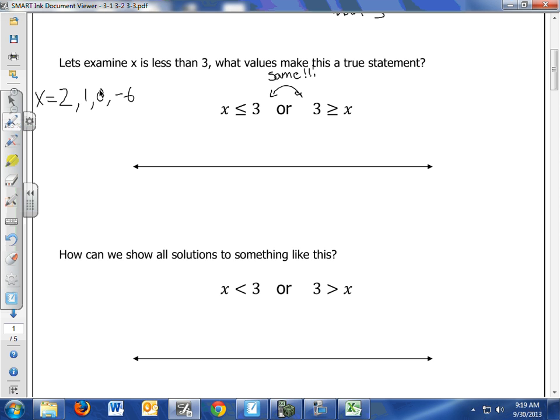Give me another one. -7. Oh, way to go crazy, Miss Page. Give me another one, Miss Aaron. 3 works. You said less than or equal to 3, so 3 works. Give me a crazy one, Mr. Smith.